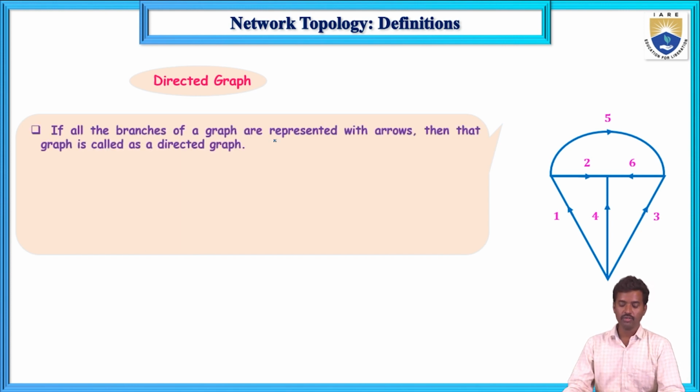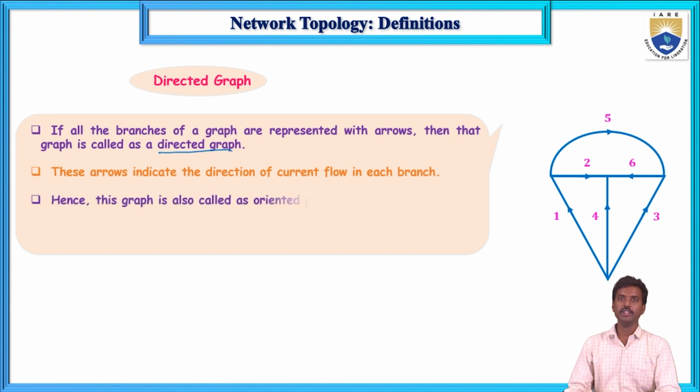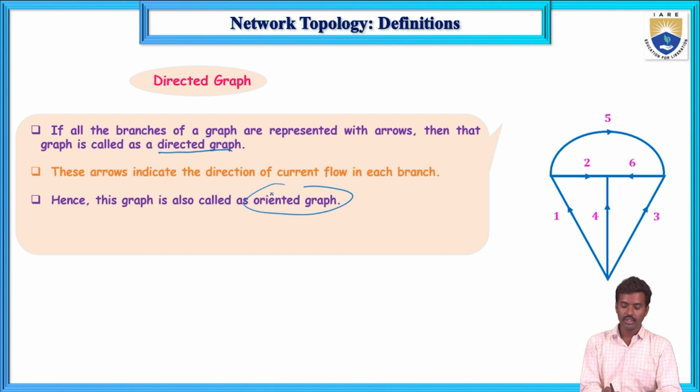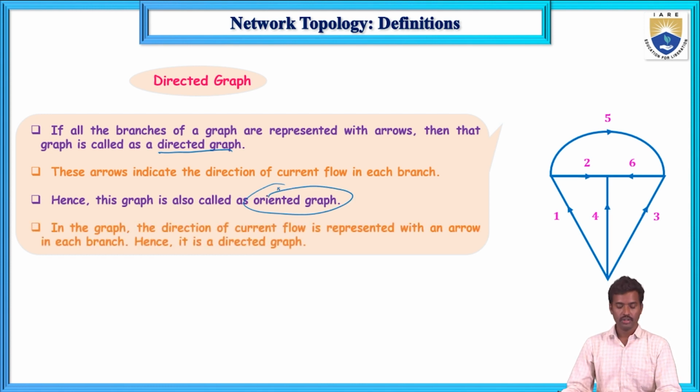If all branches of a graph are represented with arrows, such a graph is known as a directed graph. That one is also known as an oriented graph. These arrows indicate the direction of current flow in each branch, so this graph is also called the oriented graph.